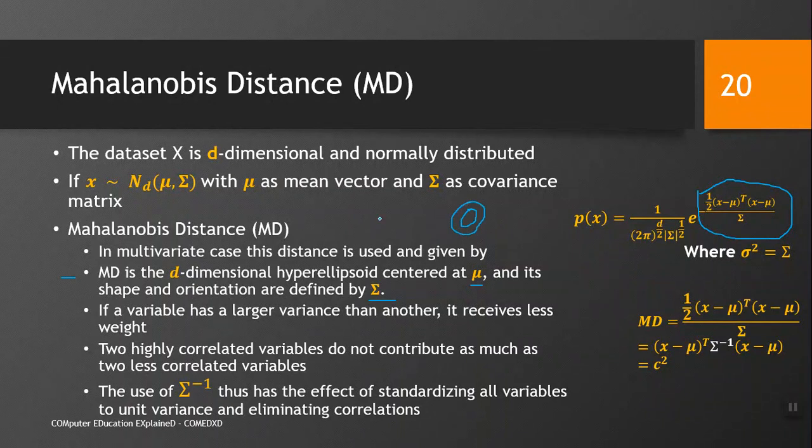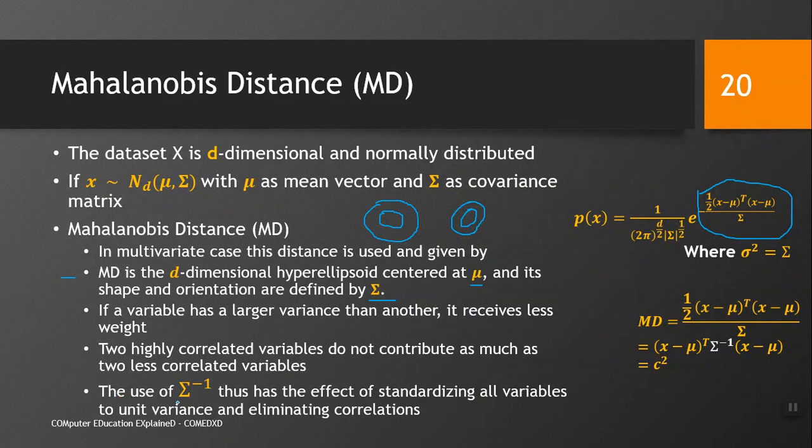And if both variances are equal, then we can have this kind of figure that we have seen on the previous slide. If a variable has a larger variance than another, it receives less weight. Two highly correlated variables do not contribute as much as two less correlated variables.